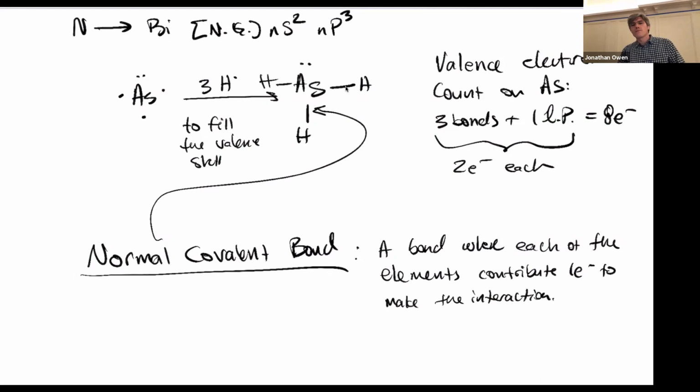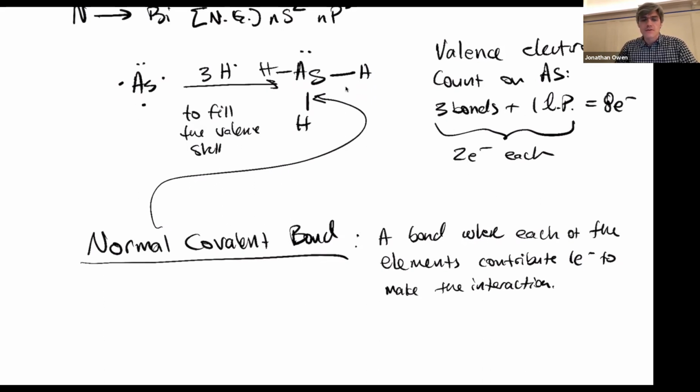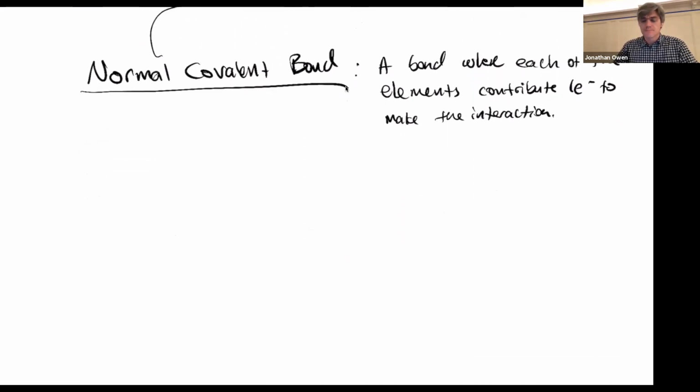So one from arsenic, one from hydrogen get together. That makes sense, but we're assuming a neutral fragment when we do that. We're going to come back to that.